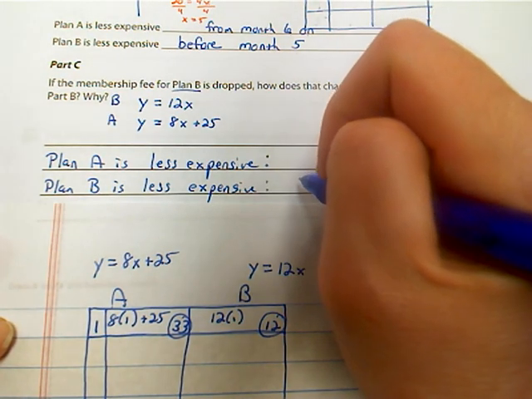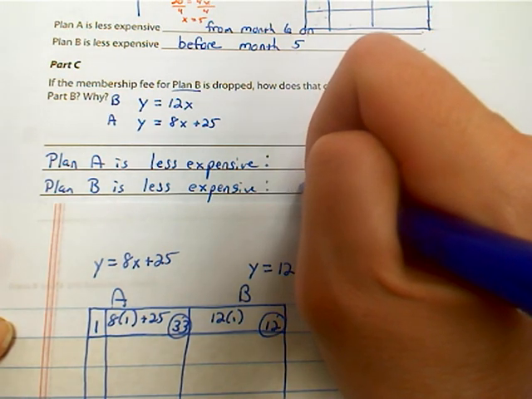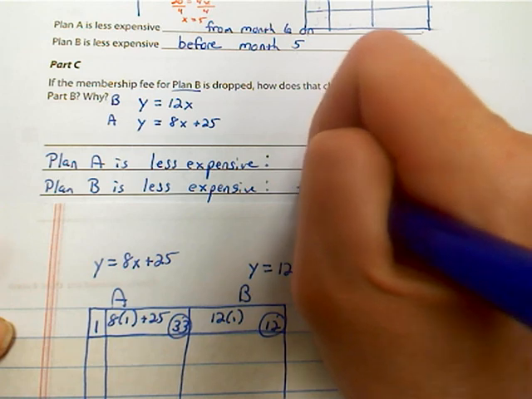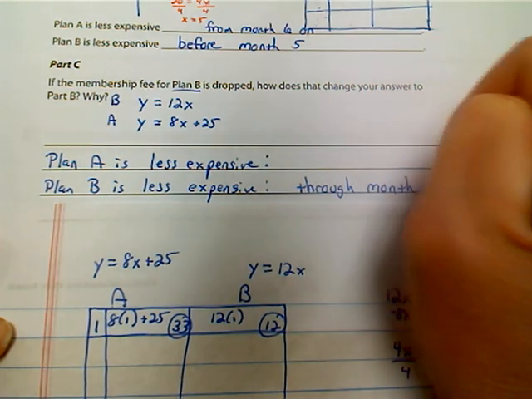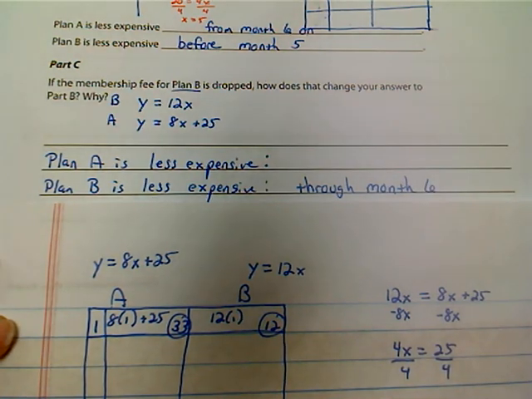So we're going to say through month 6. So it's just extending it, being less expensive through month 6. And then, so we can't really say 6.25 because typically you're on a monthly plan.